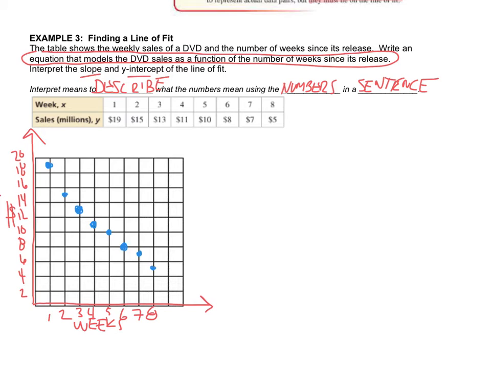So what I don't want to do is just pick this point up here at the top, for example, and connect it to the point at the bottom, because if I did that, you can hopefully imagine that I would have all my points underneath. So don't just connect the first and the last. Don't just connect the first two that you see and hope, because then I'd have them all above. So you have to find some line that goes through and tries to hit as many as possible.